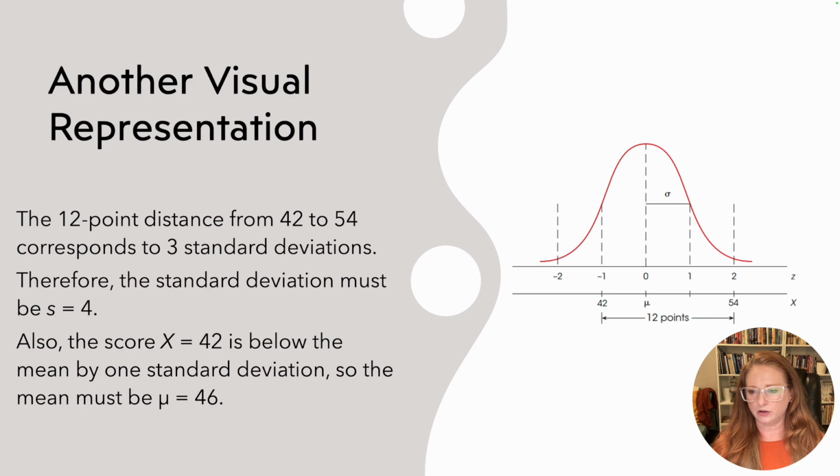So take a look at the other score they give you. 2 standard deviations above the mean, or z equals +2.